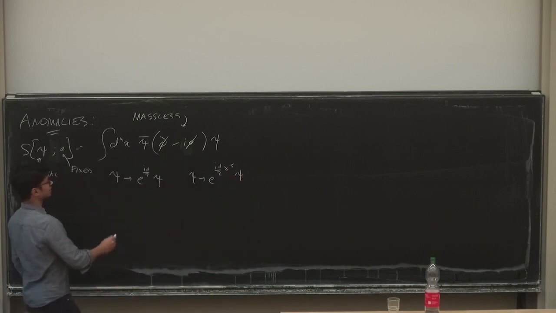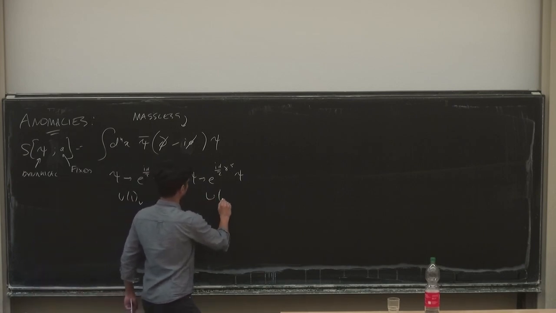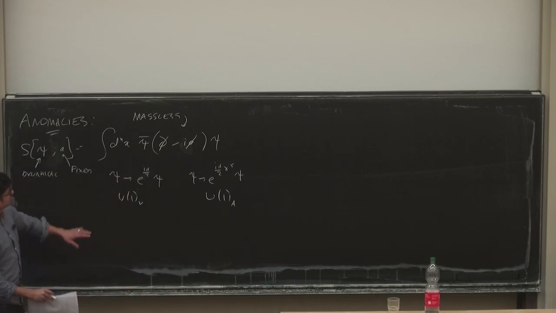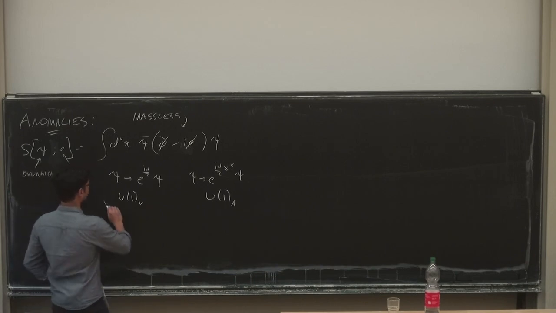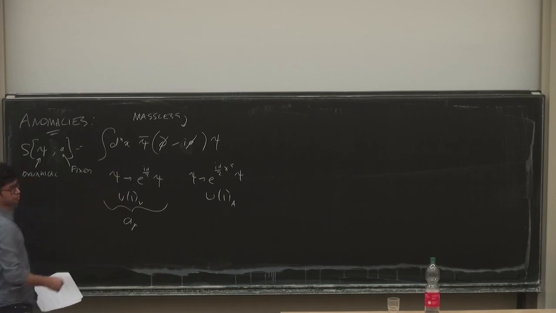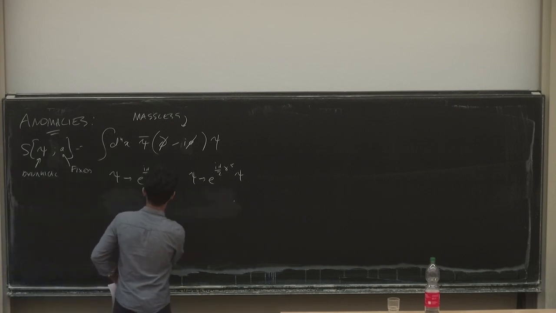So there are two classical symmetries. This one is called U(1) vector, and this one is called U(1) axial. And A couples to the vector symmetry. I've coupled the external source A to this symmetry, not to that one. Let me write this a bit more aesthetically.